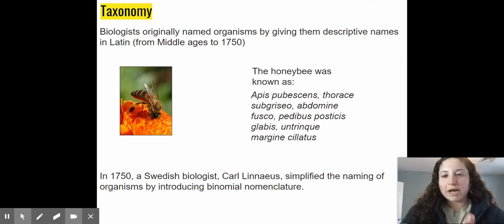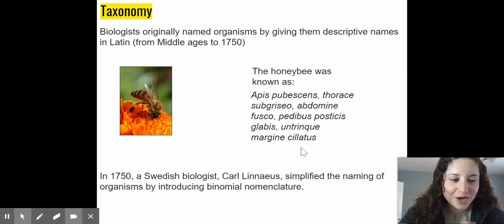So this whole binomial nomenclature originated from the need of it. Back in the day, again, we're still using the Latin language, but back in the day, biologists would classify and name organisms using descriptive names. So, for example, the honeybee was known as all of this. I can try to read it. It's not going to come out pretty.